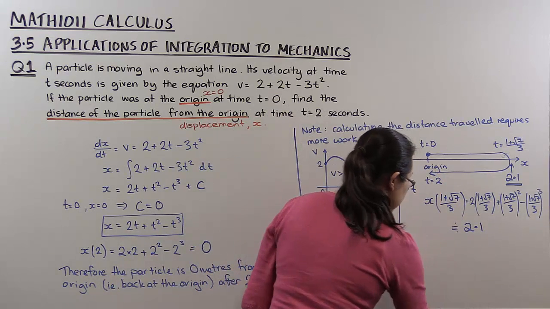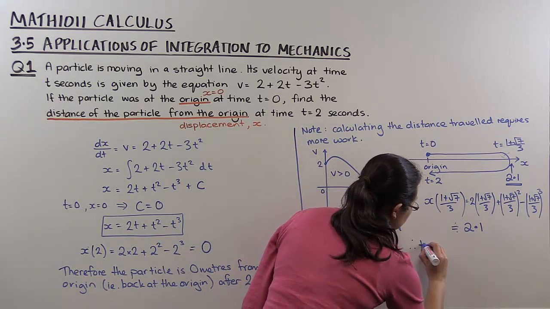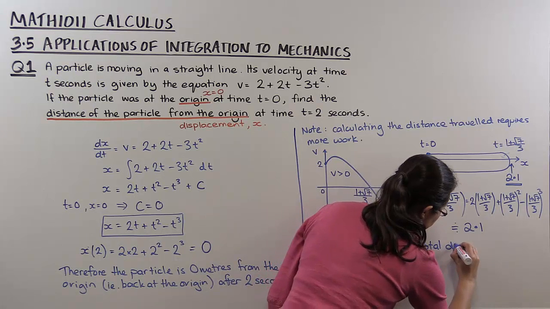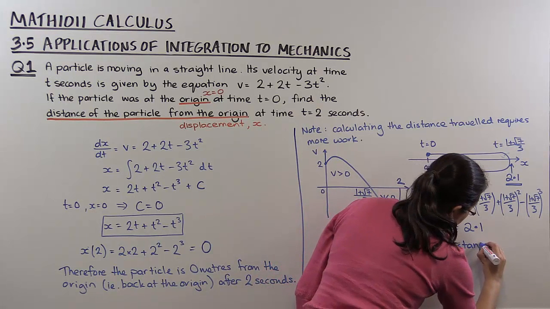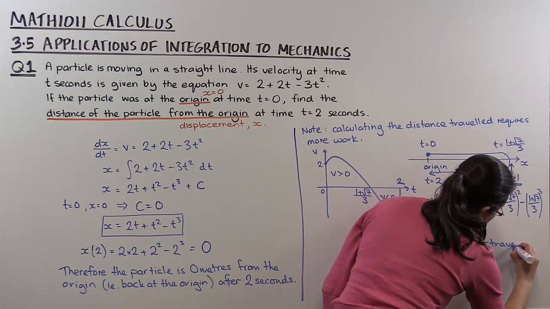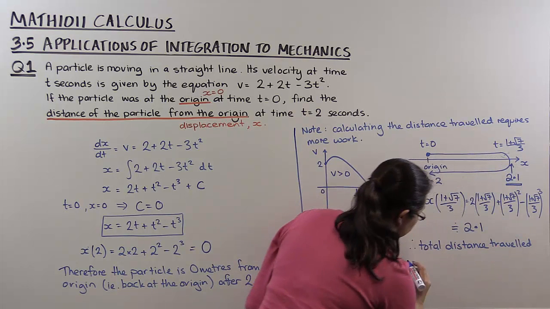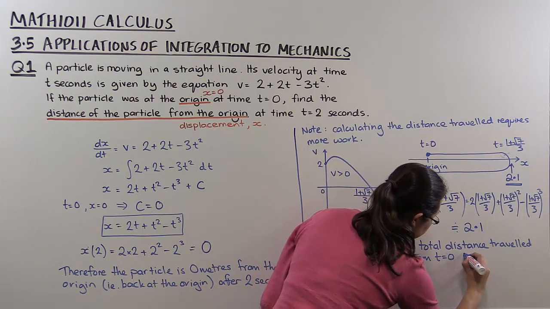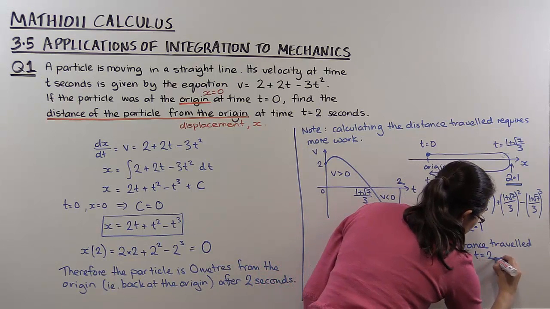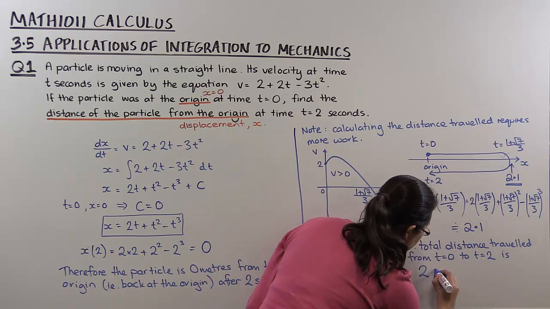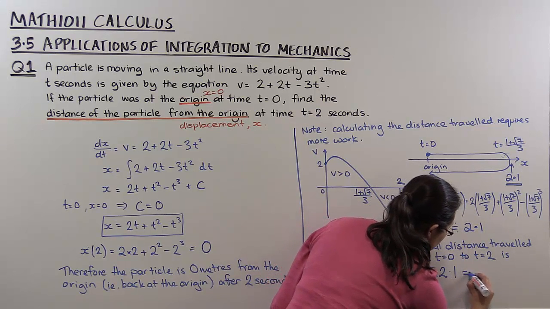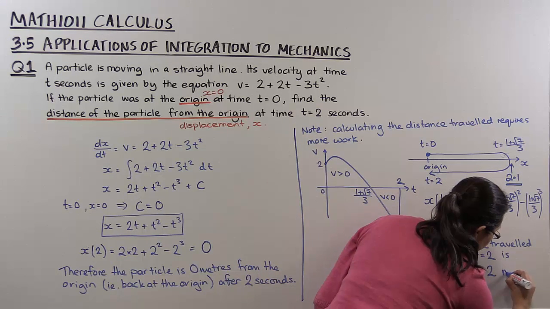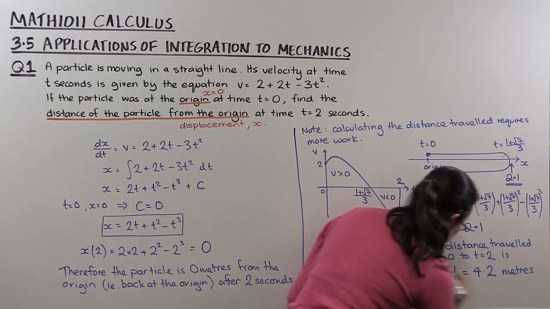So in this case, therefore the total distance travelled from t equals 0 to t equals 2 is double that 2.1, or 4.2, let's say, meters.